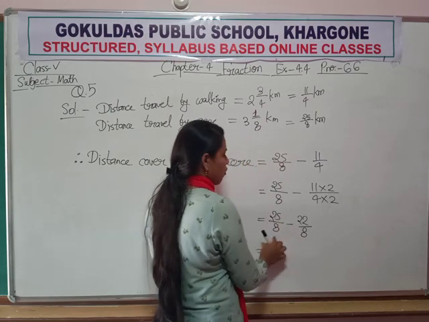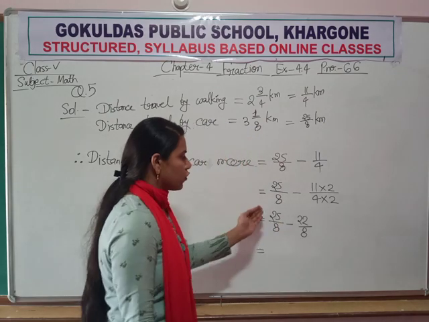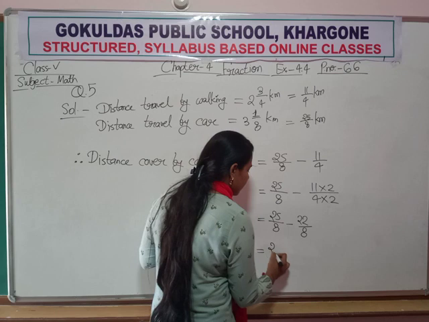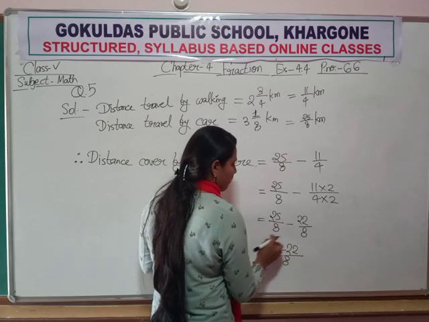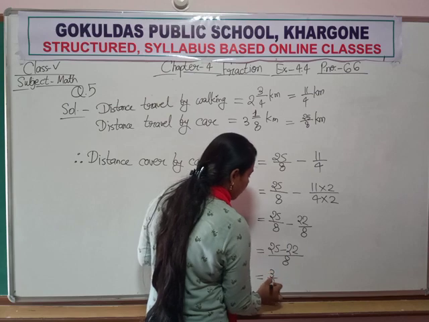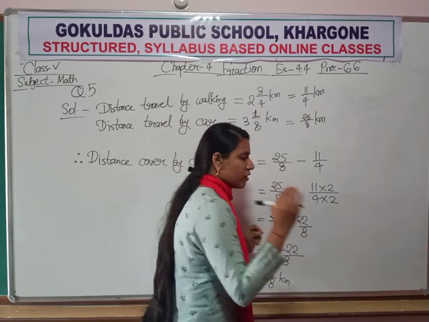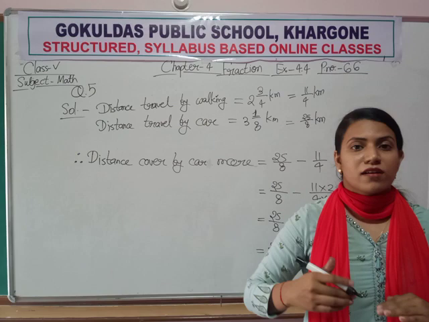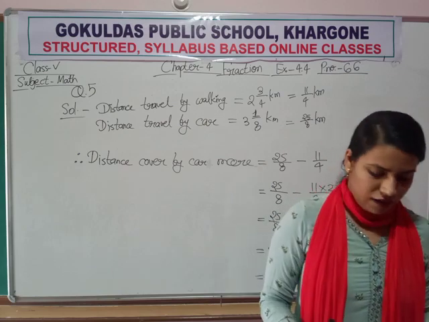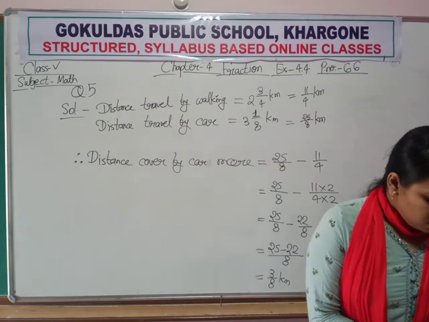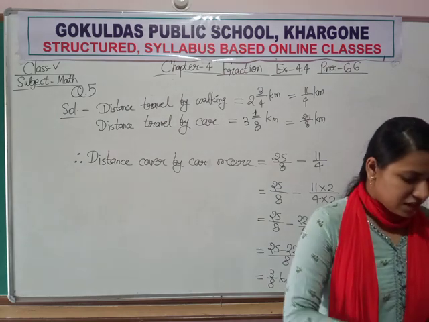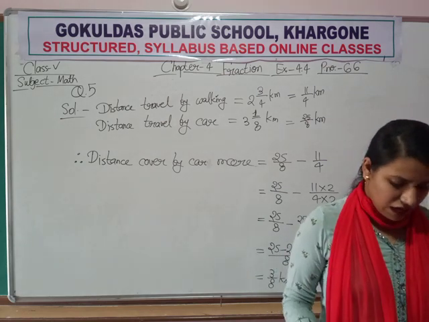Now both the fractions are like, so we can directly subtract the numerators. 25 minus 22 upon 8. 25 minus 22 means 3 upon 8. So 3 upon 8 kilometer she covered more by car. So the final answer is 3 upon 8 kilometer she covered more by car.